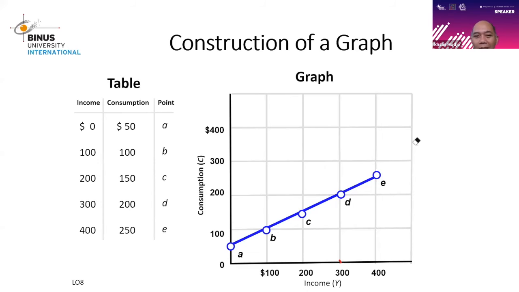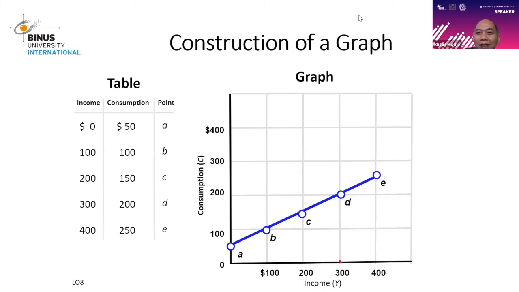How many points do we need when we want to draw a linear graph? We don't need as many as 4 or 5. At least 2. Good, very good, Jonathan, Angelique. At least 2. We only need 2 points.